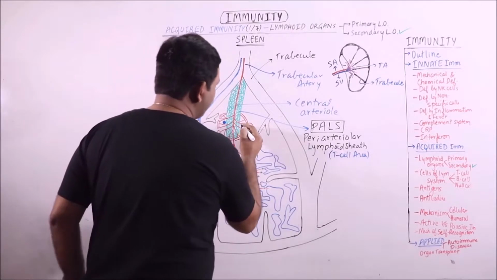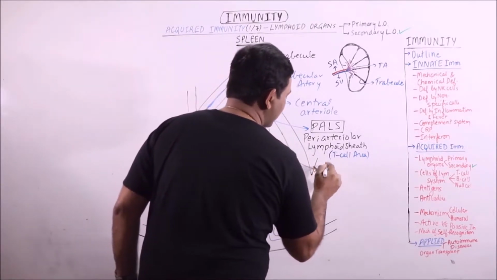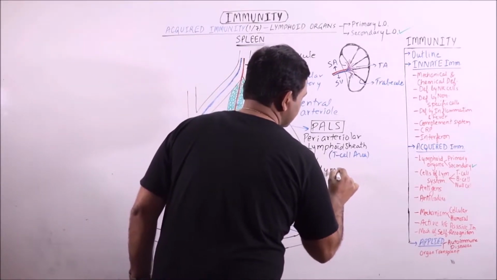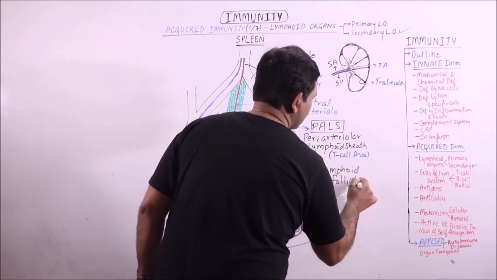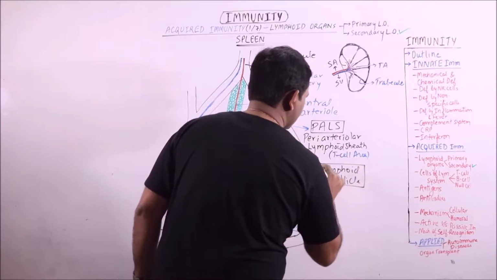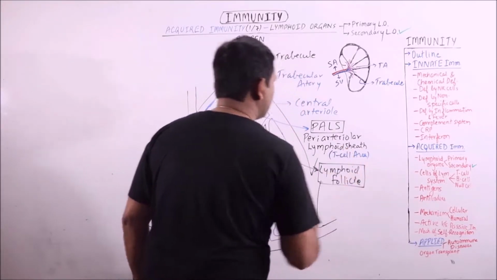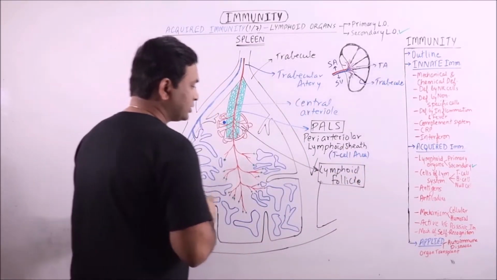Then there are lymphoid follicles. This is a lymphoid follicle, and it is B cell rich.